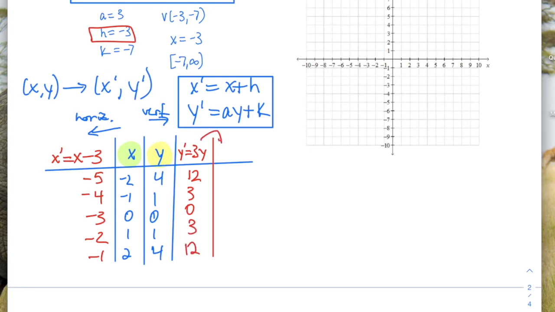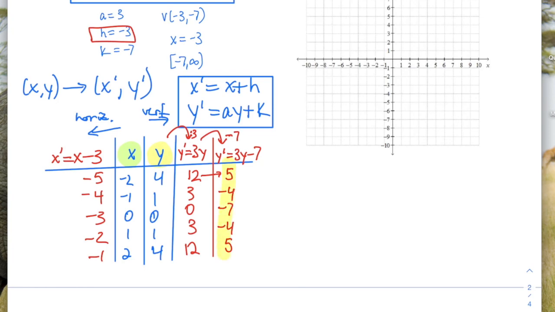And then in my last step, so from here to here, I multiplied by 3. From here to here, I'm going to throw in the subtraction of 7. So I'm going to take these values and subtract 7. All right, so now I can see my mapped values just by reading the outer columns.